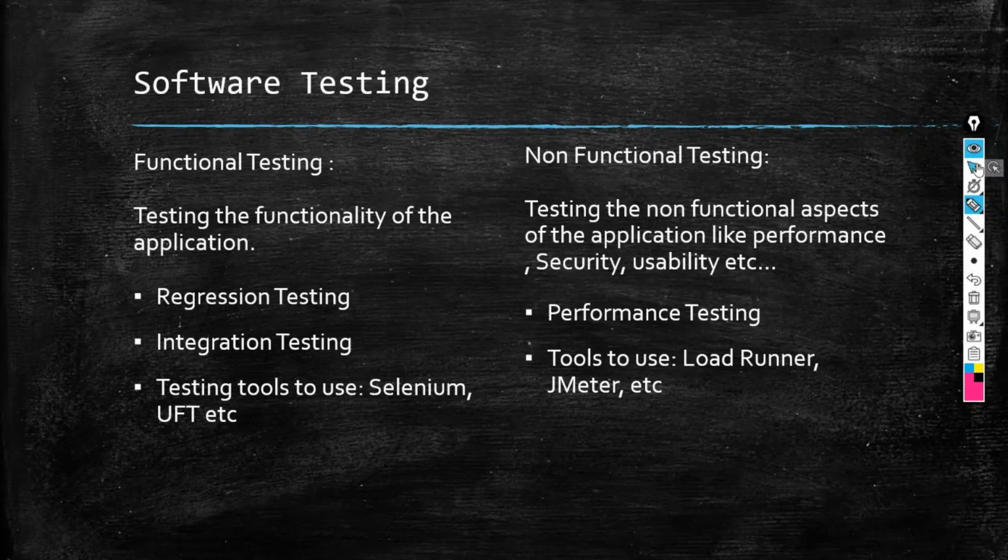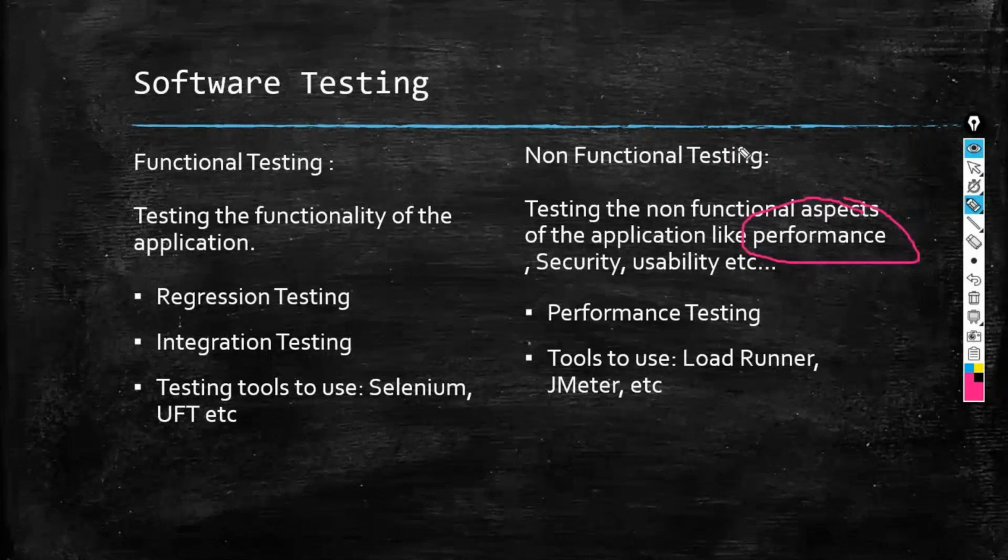I hope you got at least a high level understanding of the difference between functional and non-functional testing, and what we are going to learn in this course. We are going to focus more on non-functional testing, especially performance and especially the LoadRunner tool.